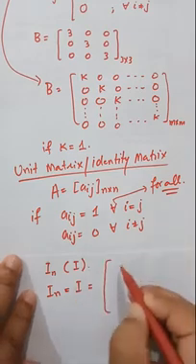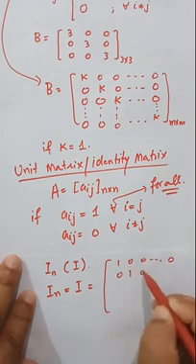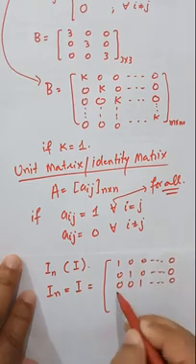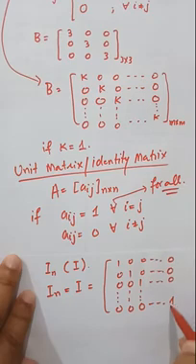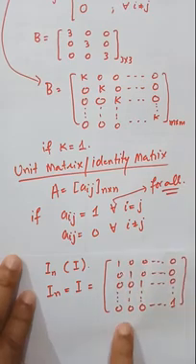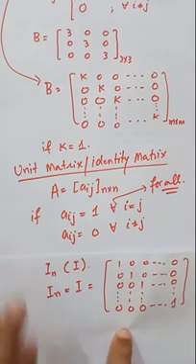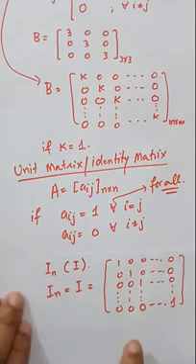So this must be 1 0 0, and so on up to 0 0 1, with 0s elsewhere, and so on up to 1. You see that this is actually a diagonal matrix as well as a scalar matrix. In a scalar and diagonal matrix, the elements on the principal diagonal are the same, and here they are equal to 1.